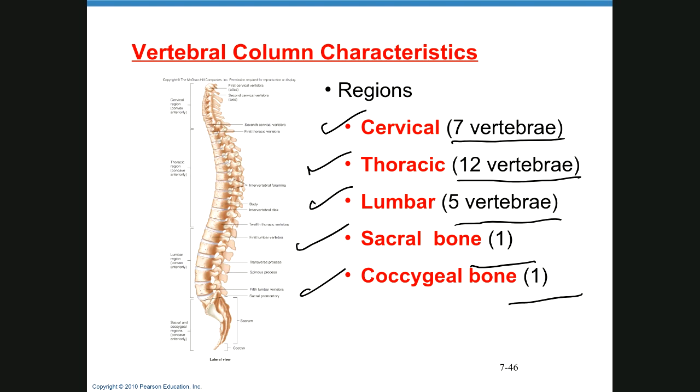The sacral bone is actually about 5 vertebrae fused together. So you should know the regions of the vertebral column. A good way to remember is to say that we eat breakfast at 7, lunch at 12, dinner at 5. And that gives you the number of vertebrae in the cervical, thoracic, and lumbar regions.